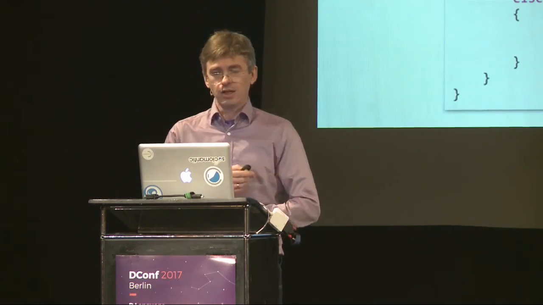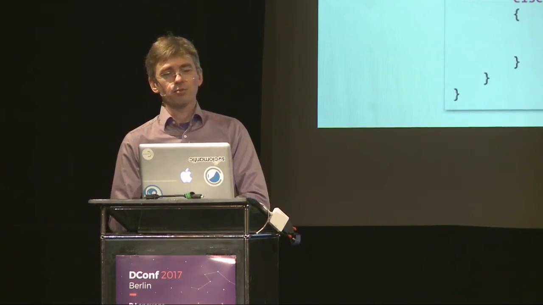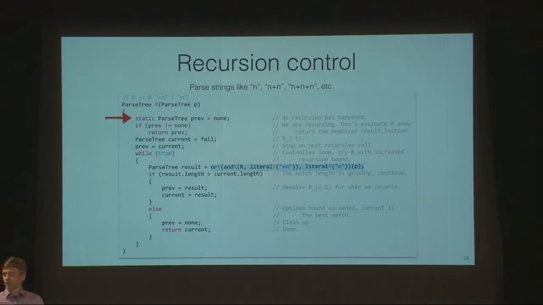We start by initializing a static variable representing the previous iteration with a value that indicates that we haven't recursed yet. Then we assign to the current parse result a failed state representing R minus 1. Next, we write down the current parse result as the result of the previous iteration when we recurse.